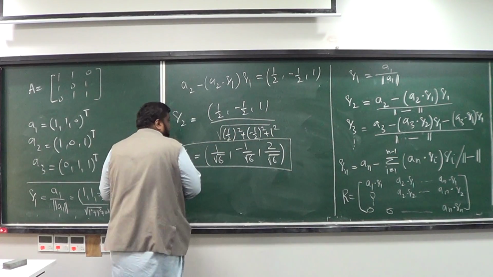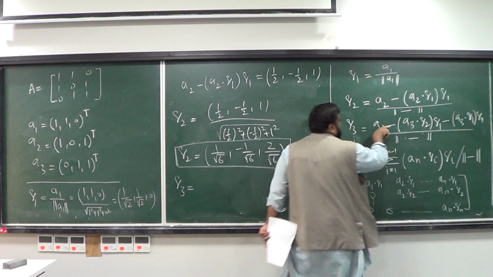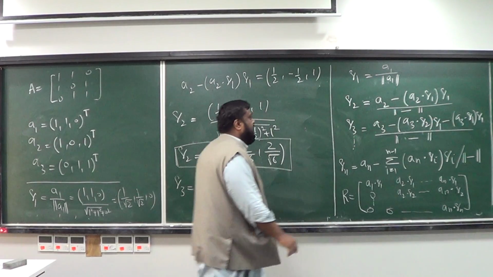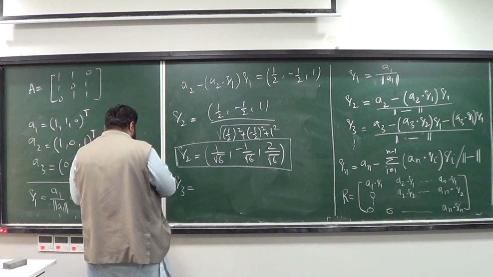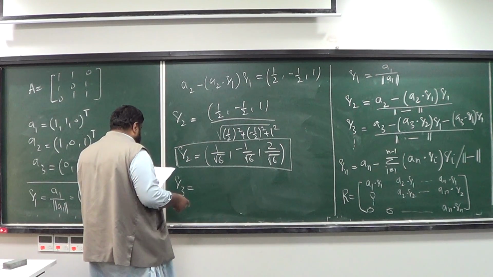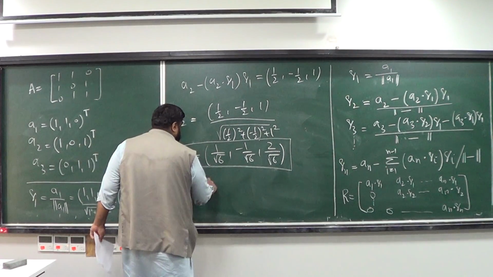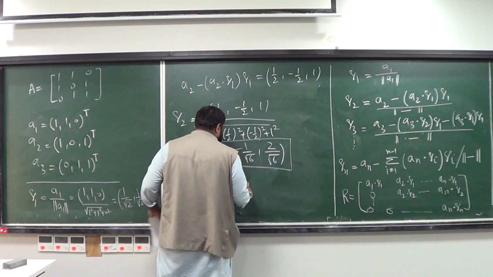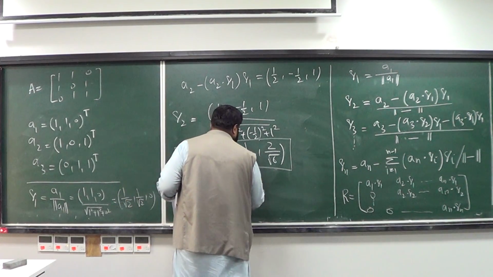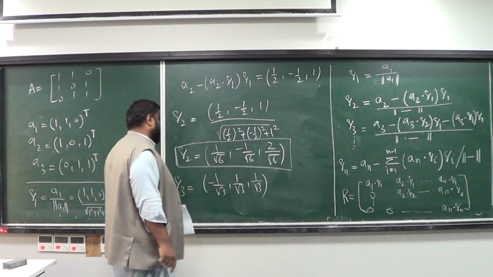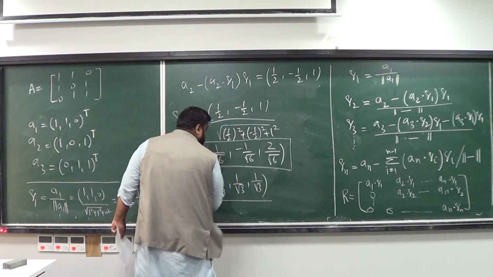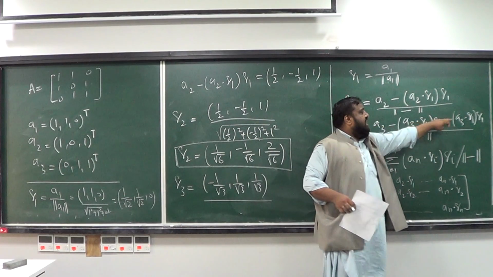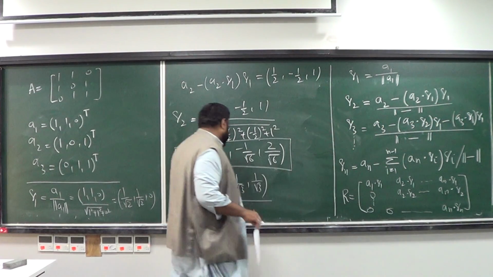When I compute, for example, this top vector, what you are going to get is -1 over square root of 3, 1 over square root of 3, and 1 over square root of 3. So this is what you can get. And Q3 is going to be this vector after calculation divided by its magnitude.